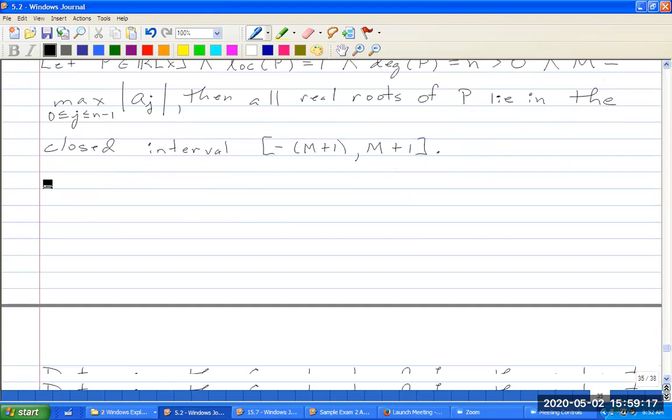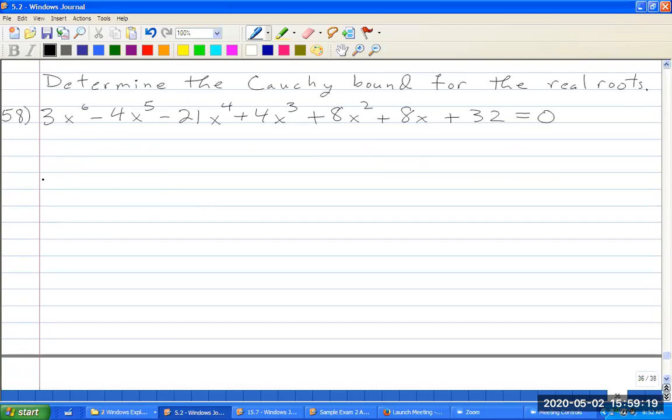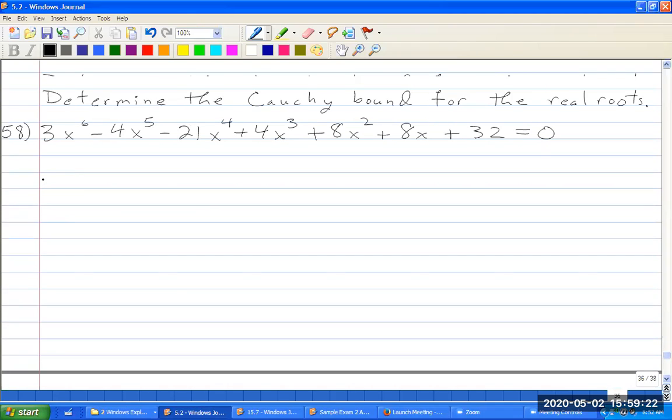Okay, so let's do an example. Determine the Cauchy bound for the real roots of the following polynomial: 3x to the 6 minus 4x to the 5th minus 21x to the 4th plus 4x to the 3rd plus 8x squared plus 8x plus 32.